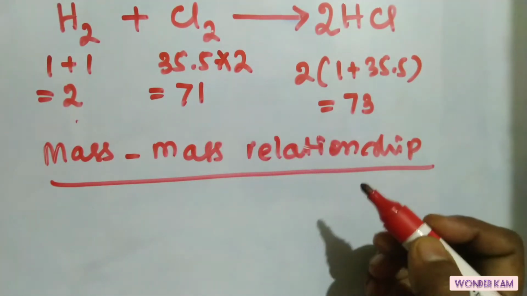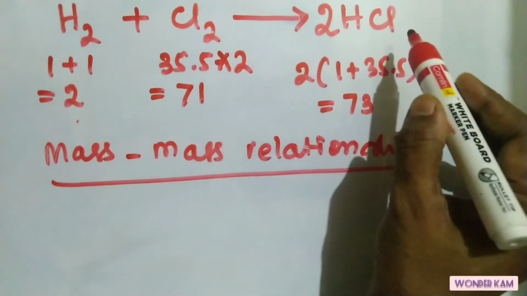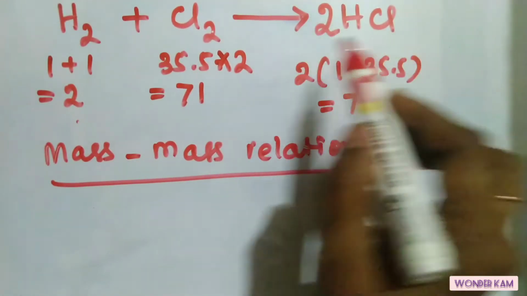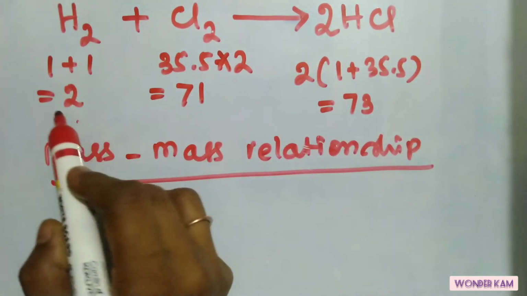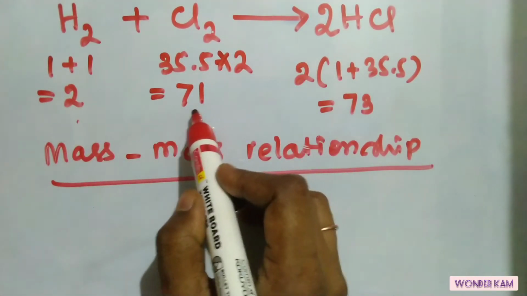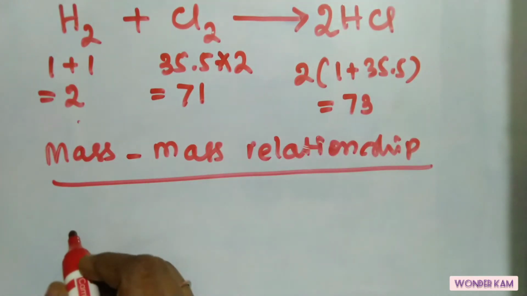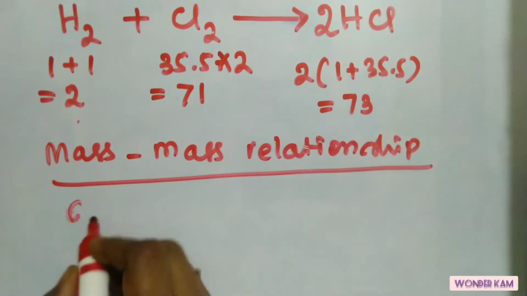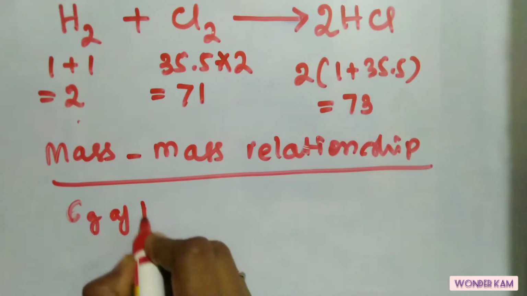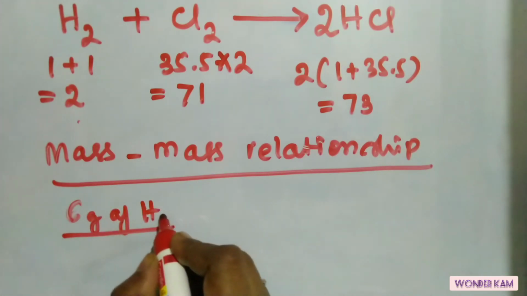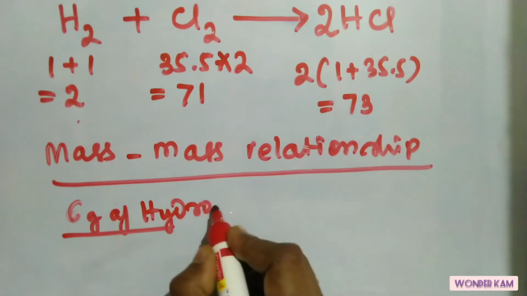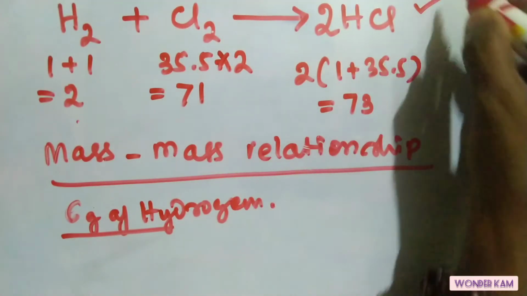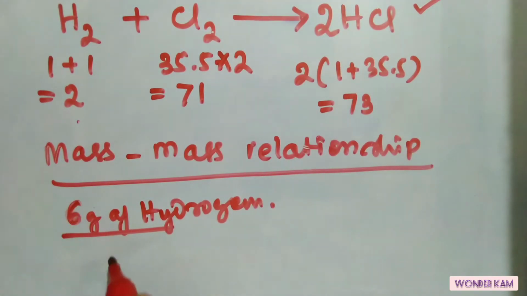In that case, we first write down the balanced chemical equation and find out the mass proportion. The given mass is 6 grams of hydrogen. What is the amount of hydrogen chloride produced from 6 grams of hydrogen?